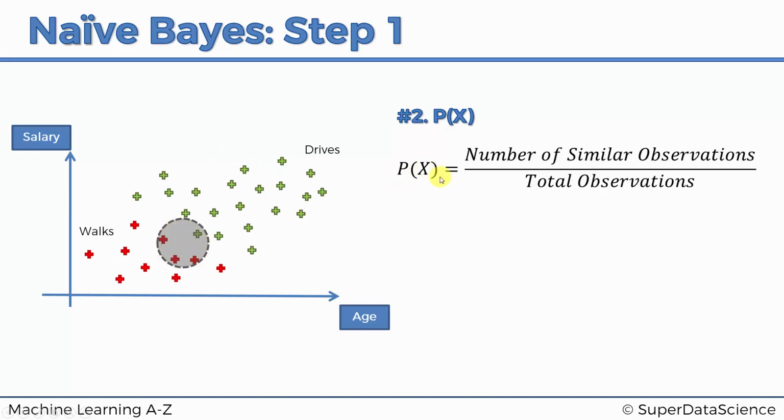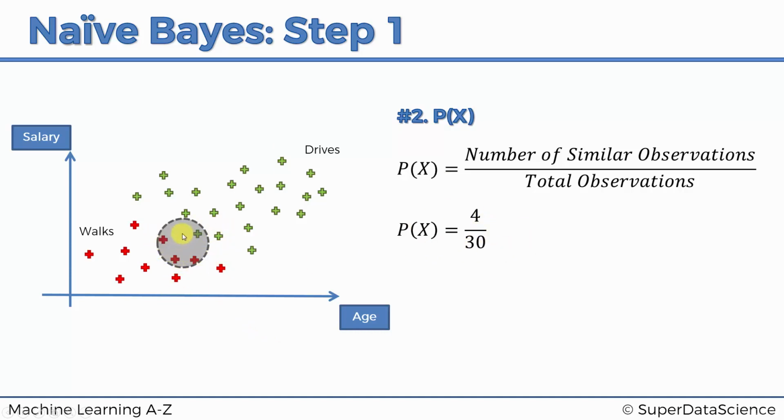And P of X is calculated as the number of similar observations, so the number of observations that we can already see in this circle, so 1, 2, 3, 4, divided by the total number of observations, which is 30. So P of X is 4 divided by 30. Once again, just to reiterate, P of X tells us the likelihood of any new random variable that we add to this data set falling inside this circle. And it is 4 over 30 because we only have 4.